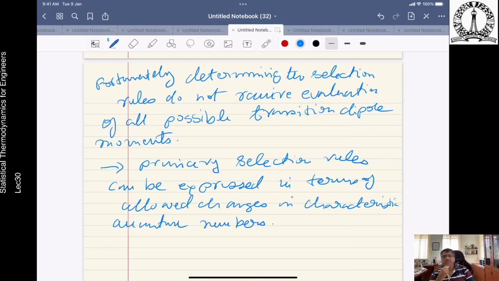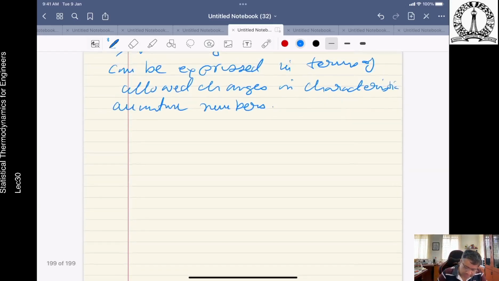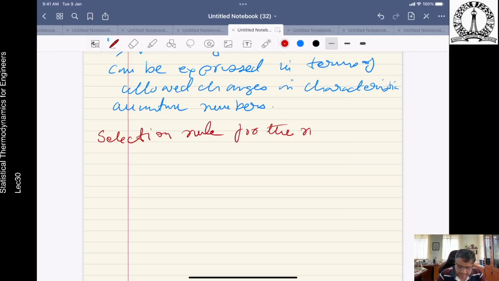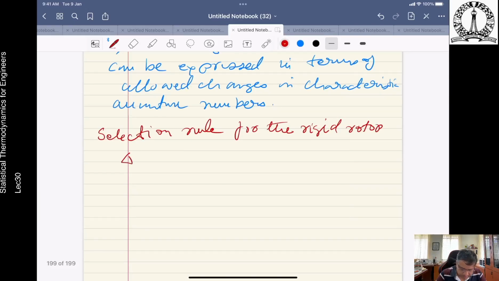Let us look at the selection rules. The selection rule for the rigid rotor is delta J equals plus or minus 1.